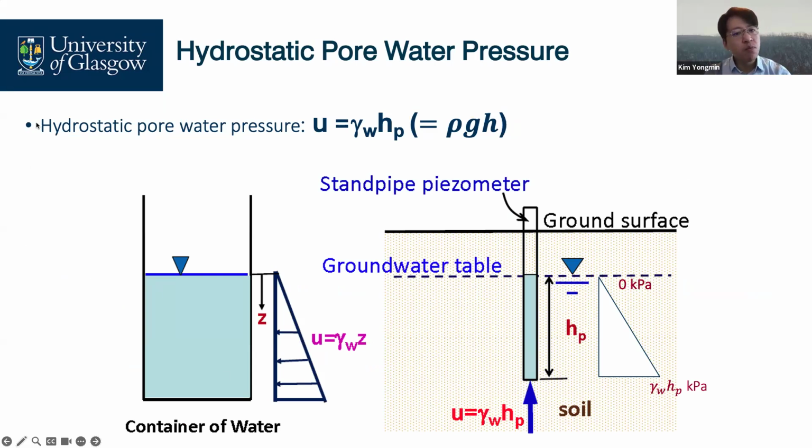This hydrostatic water pressure can be expressed by the unit weight of water, mostly 9.81 kilonewton per cubic meter, times water depth. This is static water pressure. When you dive into the swimming pool, you may feel some pressure, right?